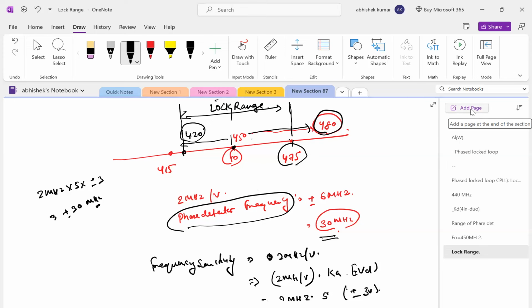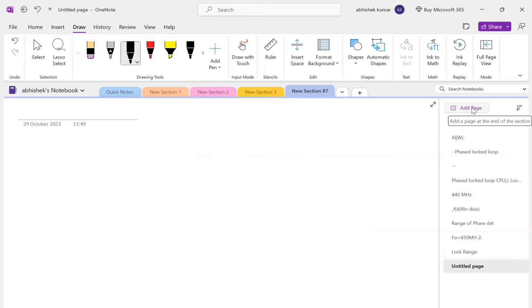Now you see capture range. The input frequency range where the PLL can acquire lock is known as the capture range.